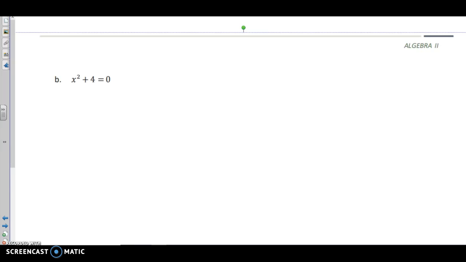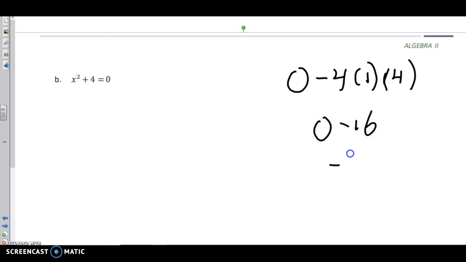Remember, if I have no middle term, my b value is 0. So b squared minus 4ac, I'm going to get negative 16, so I should have two complex solutions.